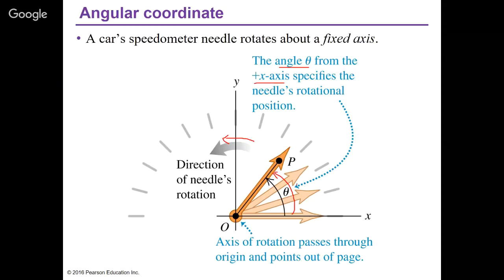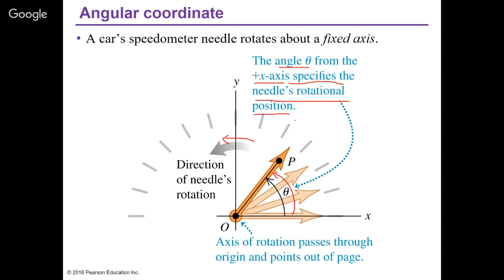All of you should be familiar with this angle theta because we have used it to decompose vectors onto the x and y axes. So this is the same theta that specifies the needle's rotational position, just like a vector.